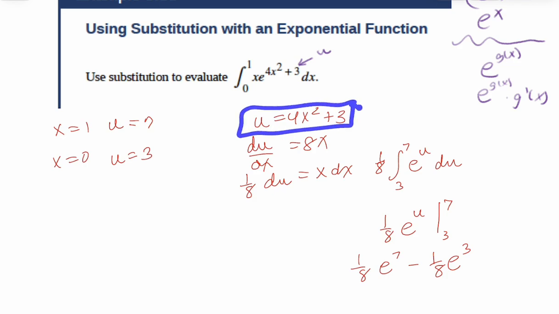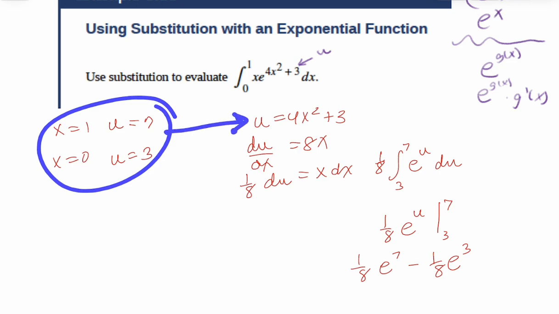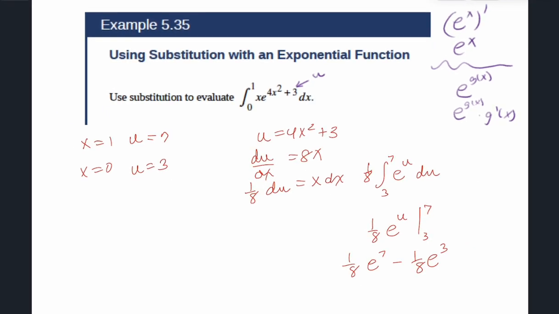This u is equal to 4x squared plus 3. So if x is equal to 1, that's where the 7 came from. And then if x is equal to 0, that's where the 3 came from. Just plug those into what you made your u, and that will change your boundaries. Otherwise, if you don't have boundaries, you do have to always stick those x's back in at the last step.